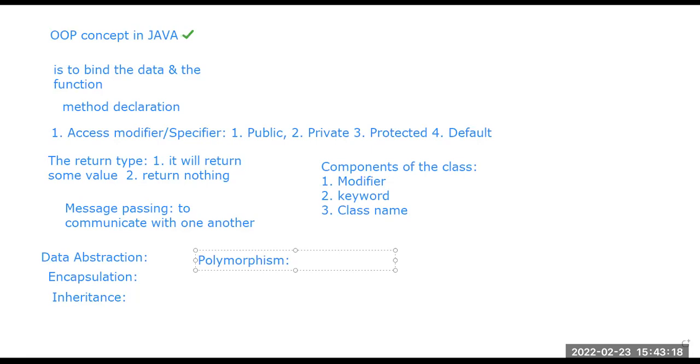Okay, now we are talking about the concept of polymorphism. What is polymorphism? In object-oriented programming, polymorphism is the ability to differentiate between entities with the same name.